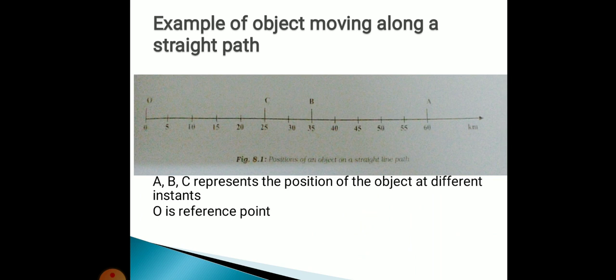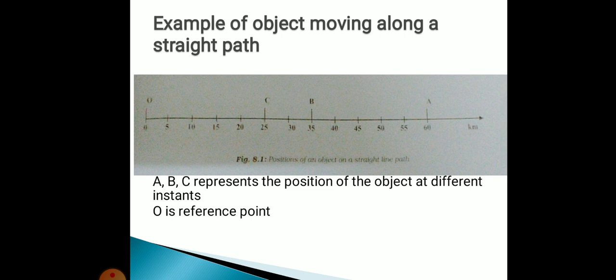Now here in this case, the total path length covered by the object is OA plus AC, where OA is 60 km and AC is 35 km. Therefore, the total length covered by the object is 95 km.